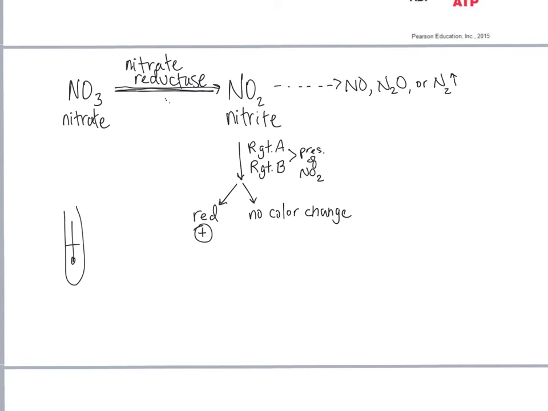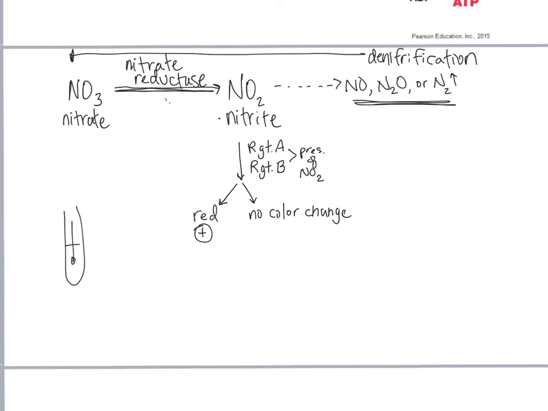If the organism has these enzymes, then you're not going to have any nitrite left as an intermediate. You're going to have your end products down here. This process of reduction of nitrate all the way down to these gaseous end products is called denitrification.